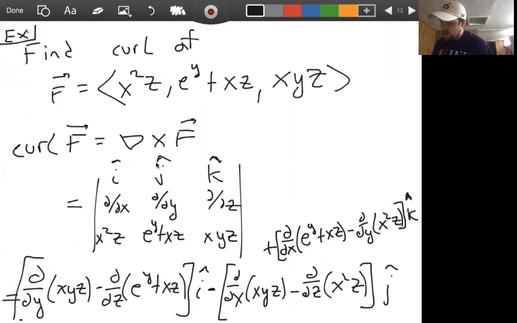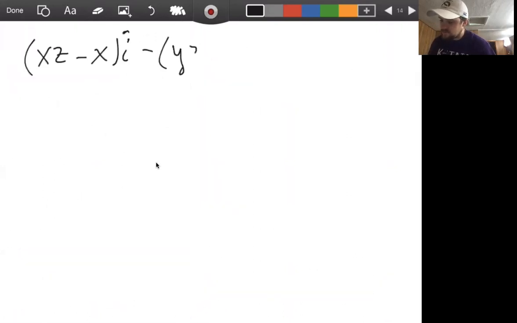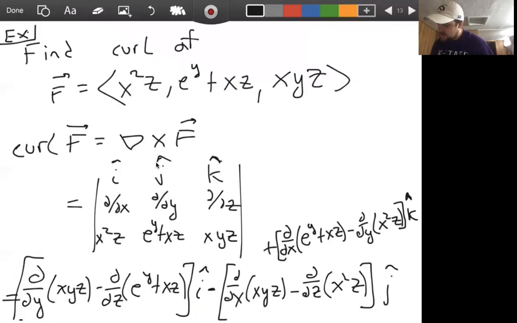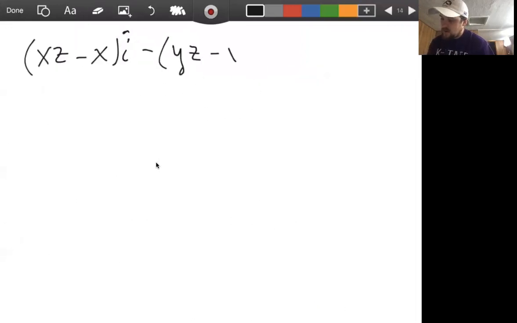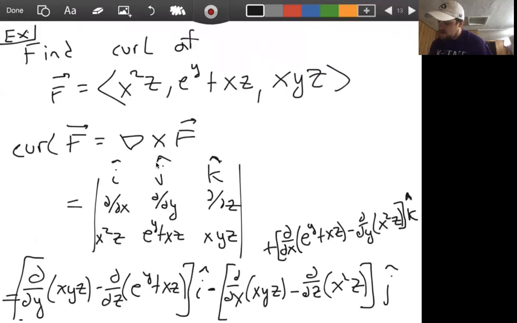Minus, for j, we have the derivative with respect to x of xyz, which is going to be yz, minus the derivative with respect to z of x squared z, which is x squared, so yz minus x squared, j hat. And then plus, for k hat, we have the derivative with respect to x of e to the y plus xz.